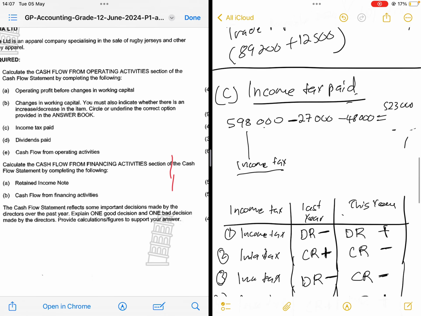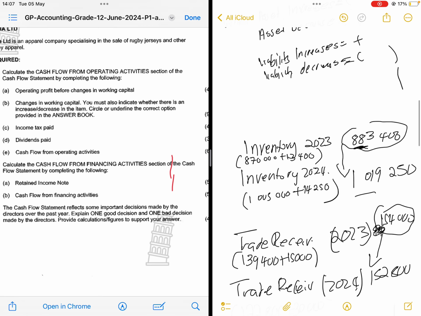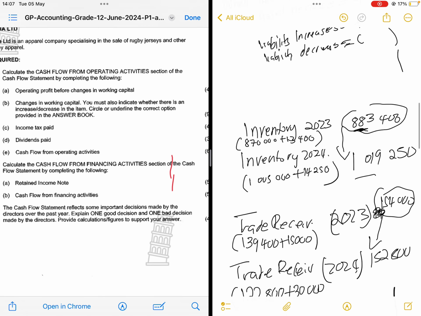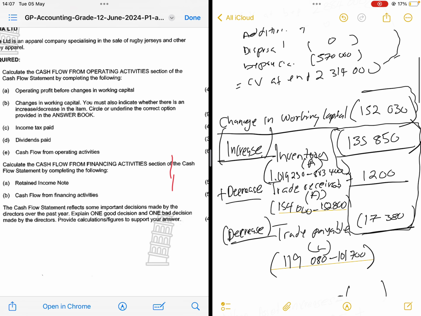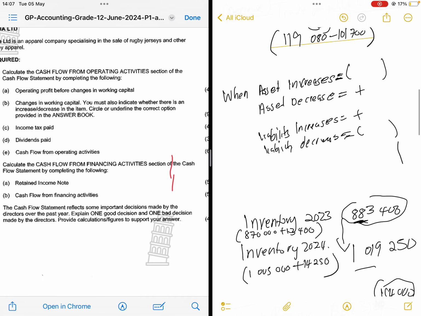So look, I'm going to add changes in working capital. My changes in working capital was a negative. You see, I'm adding a negative. When you add a negative, it becomes negative. I'm going to add a negative 152,30.